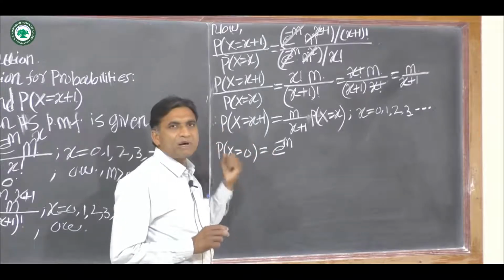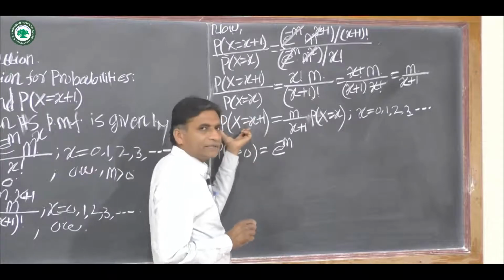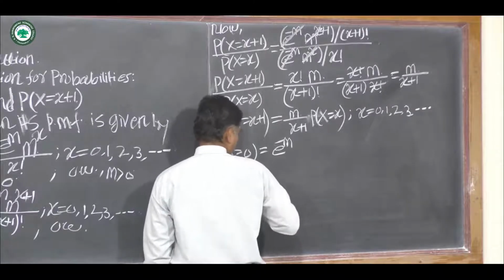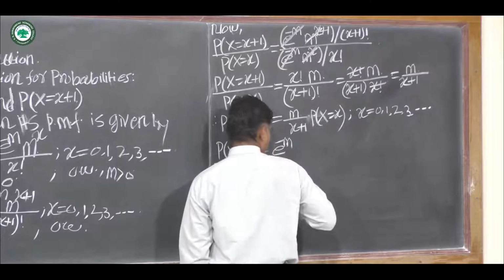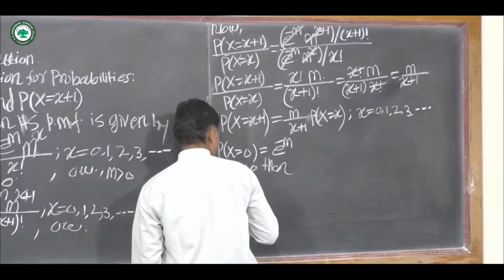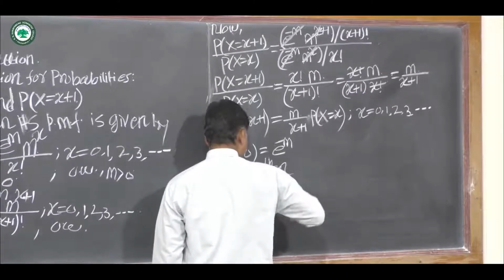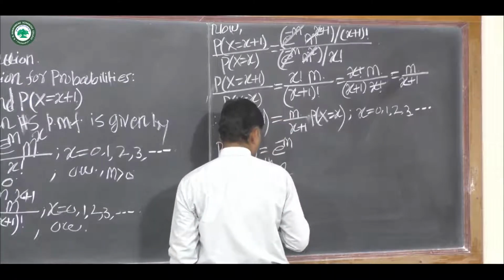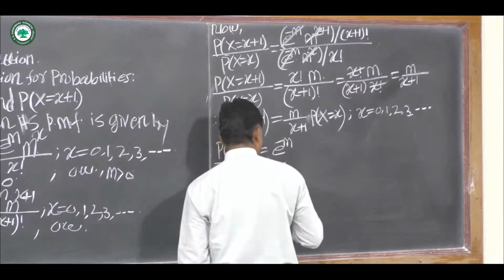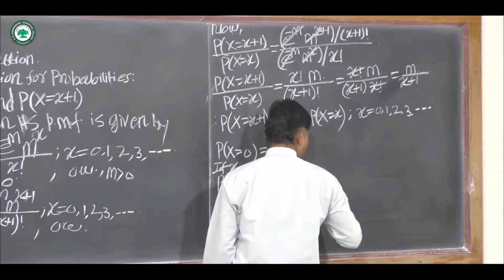Now we have to compute the probability of x equal to 1. Now put here x equal to 0 in this recurrence relation. If x equal to 0, then probability of x equal to 1 is equal to m upon 1, since x plus 1 is only 1, into probability of x equal to 0.